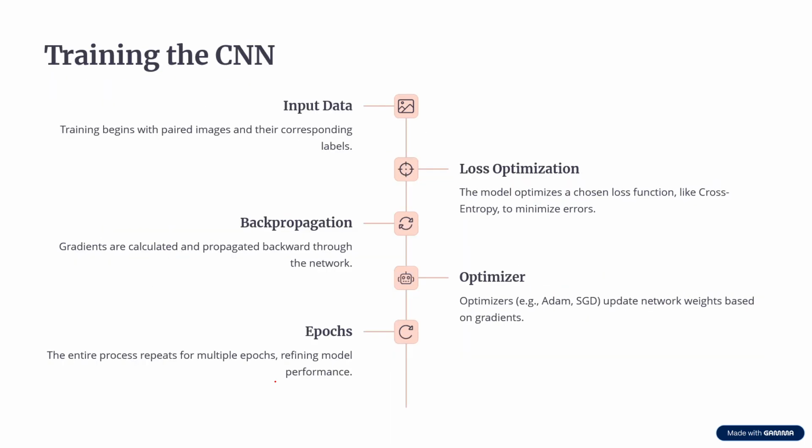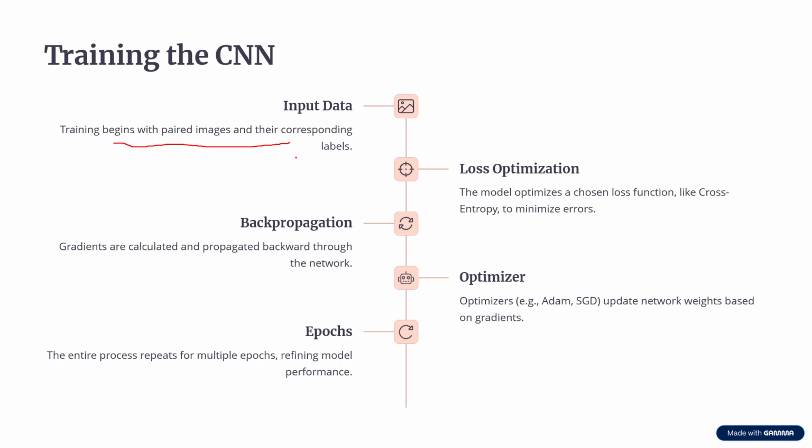Training the CNN, we have the features: input data, backpropagation, loss optimization, optimizer and epochs. In input data, training begins with paired images and their corresponding labels.